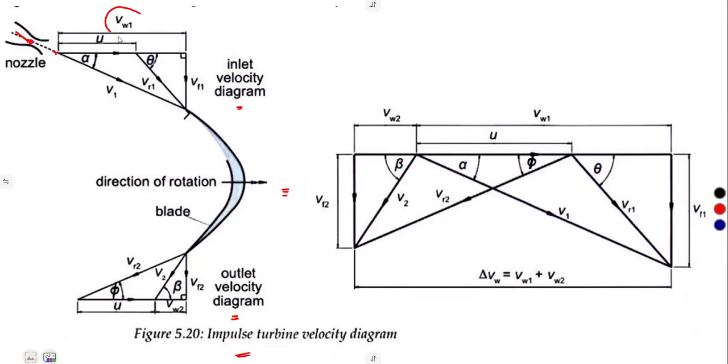Then we have VW1, which is representing the wheel velocity. Here, U is the wheel velocity, or the blade velocity.